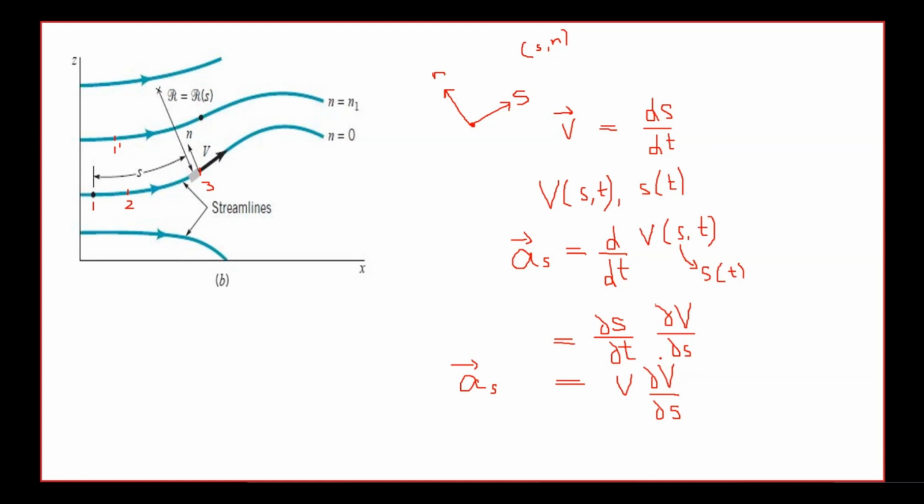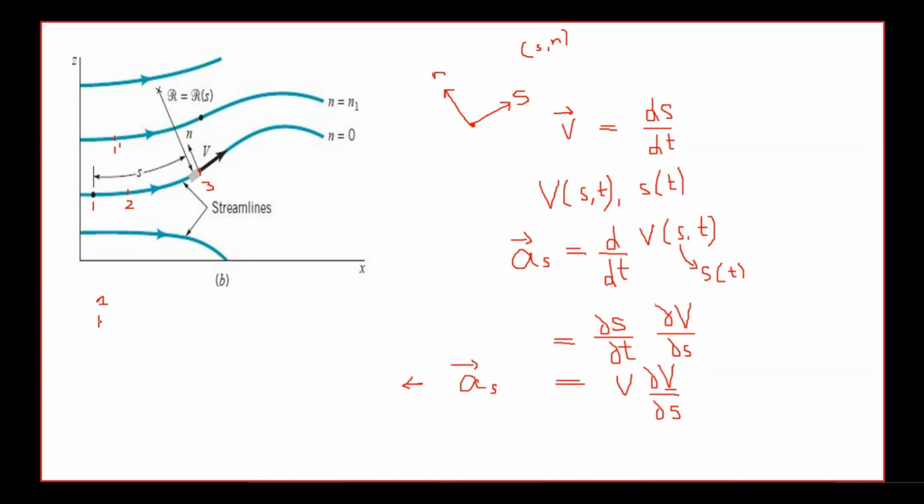So what this is telling us is, if I say the fluid is not accelerating, which means AS equals 0, and the particle is at this position 1, it means it is moving with uniform velocity, which means partial v by partial s would be equal to 0.